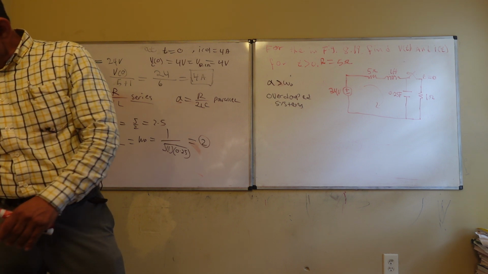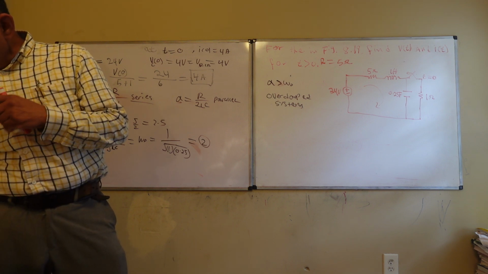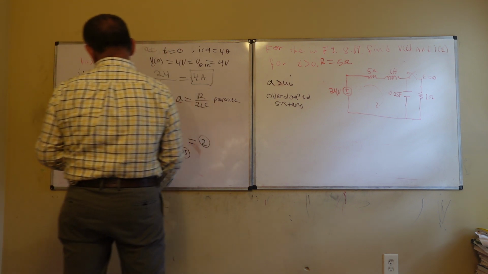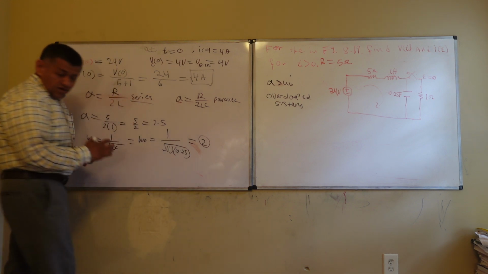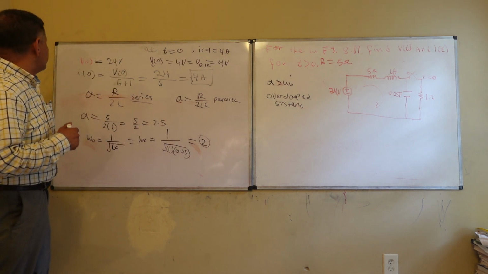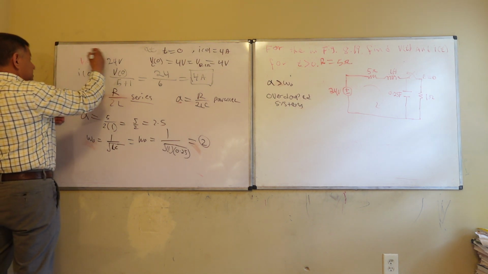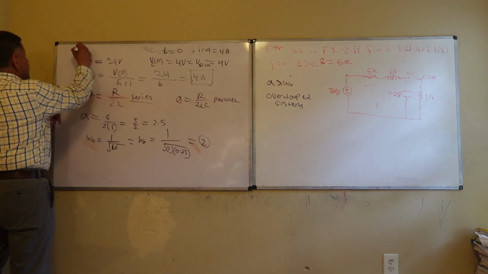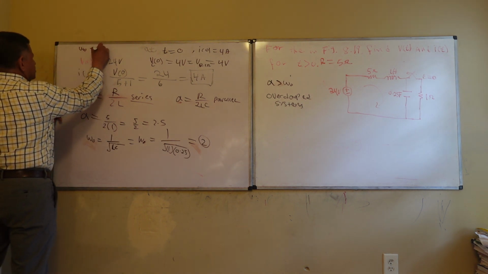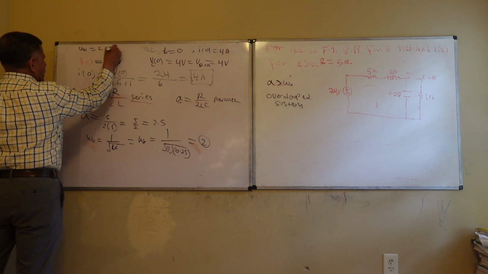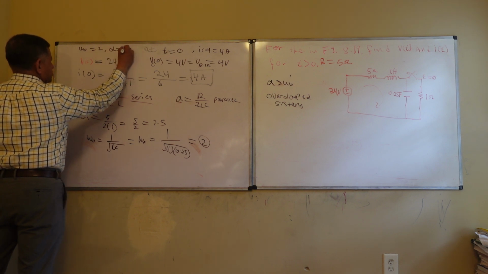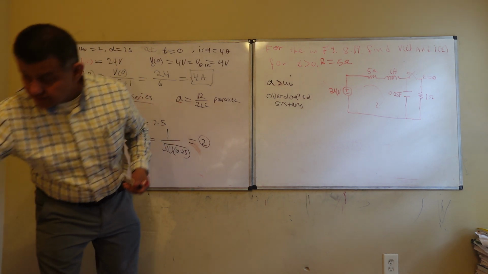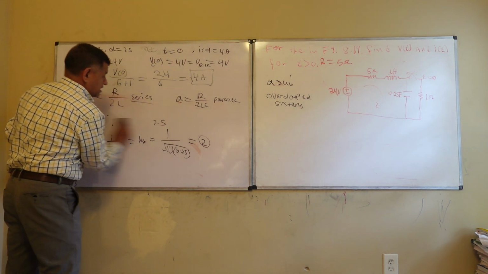So the natural response of the system is over-damped. Now let me write those values: we have omega naught equal to 2 and alpha equal to 2.5. Let's keep doing this.